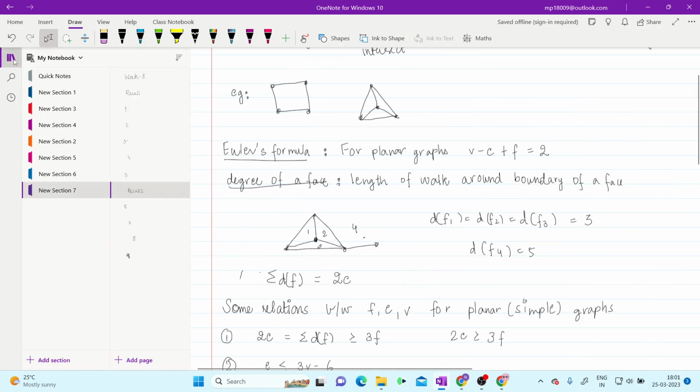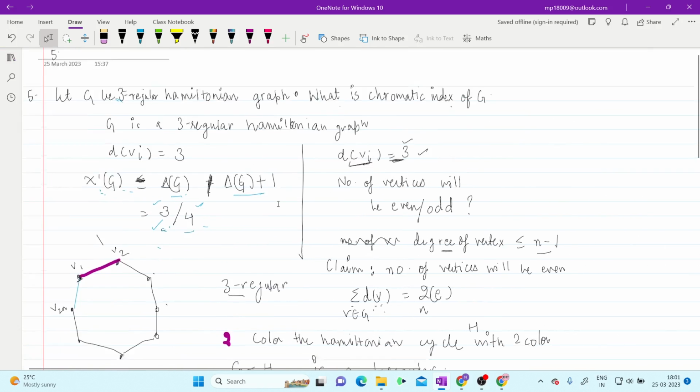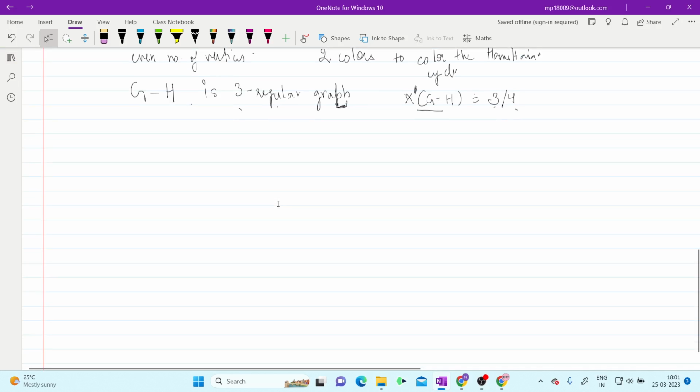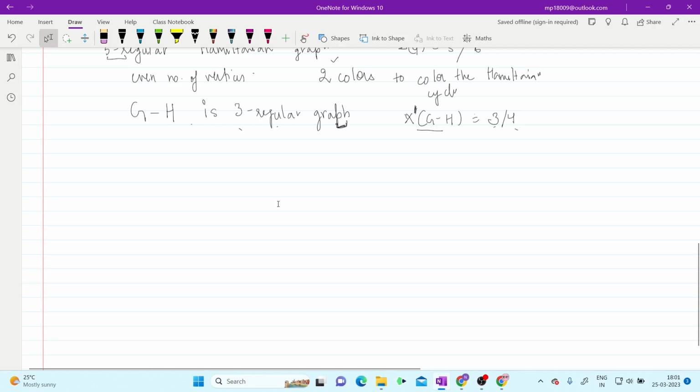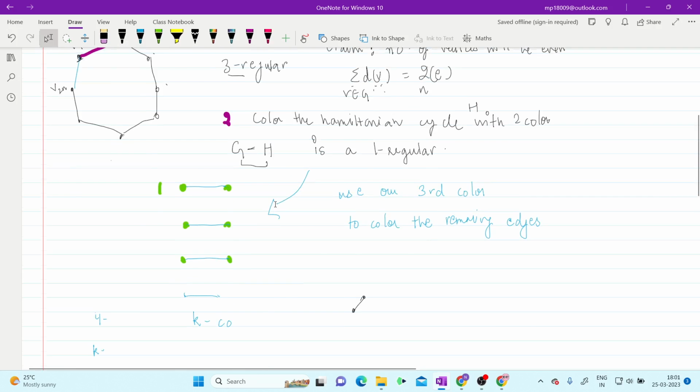And how to solve it if the question is asked for a 5 regular Hamiltonian graph, what is the chromatic index? How to solve that? So if it is a 5 regular Hamiltonian graph, there might not be an answer.